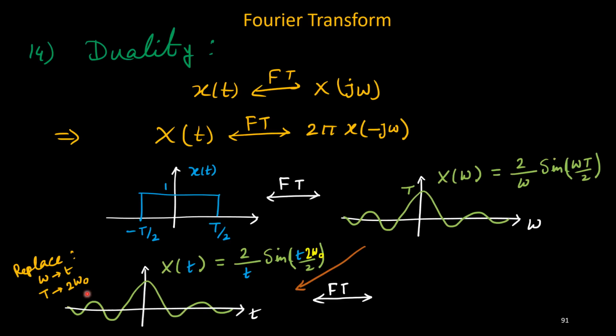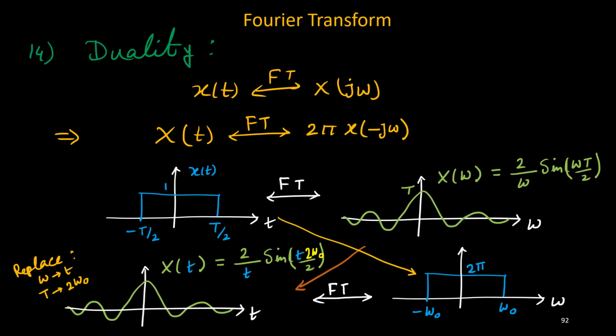If you simplify and then apply the duality property, you should get this shape on this side, the Fourier transform, with time inversion or frequency inversion. As it is an even function, the shape will remain the same. But you see here T I have considered as 2 omega naught, so I got 2 omega naught by 2, the 2 cancels out.